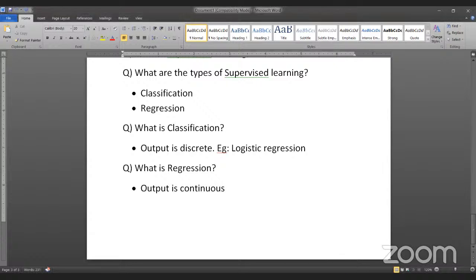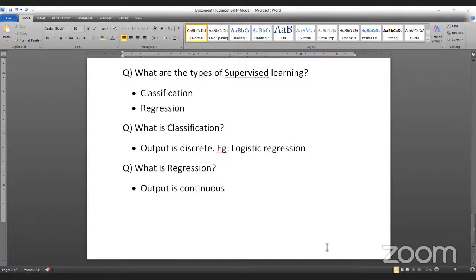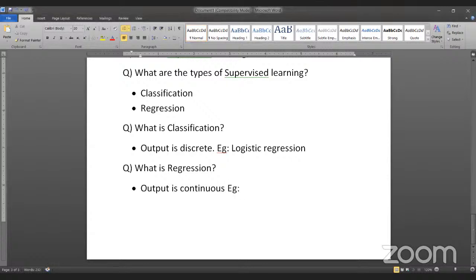Basically, decision tree, random forest are both. They can be used for regression also. And in case of regression, we are having linear regression. Others also like random forest, decision tree, those are common.